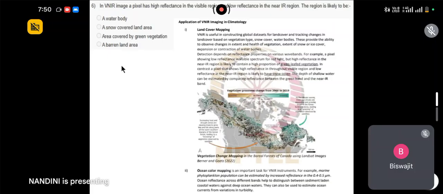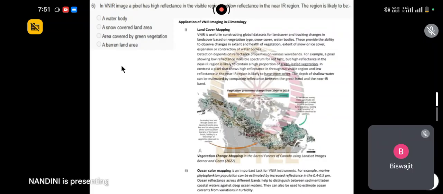Land use land cover in the sense that by looking from the satellite, we can find which region is a forest, which is a city, which is a water body, which has vegetation. That is what a land use land cover data set gives. So visible near infrared images are used for land use land cover classifications.